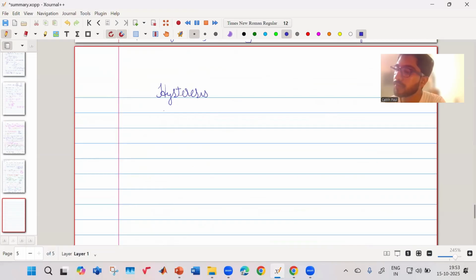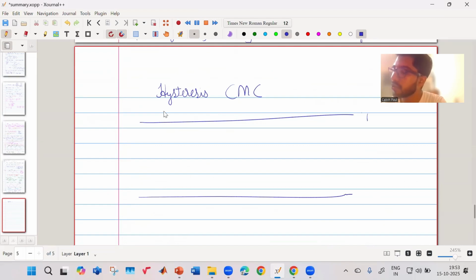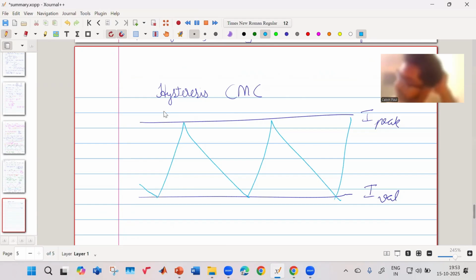Then there's a last technique which is left, which is hysteresis current mode control. So you have your peak reference and your valley reference, right? Your current goes from here, reaches the peak, goes back down, reaches the valley, goes back up, like this. One question you would have seen in the assignments is they would ask you to calculate the time period. What would be given is your band, delta IL.